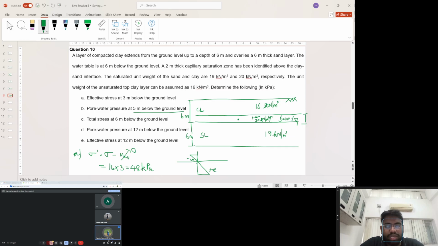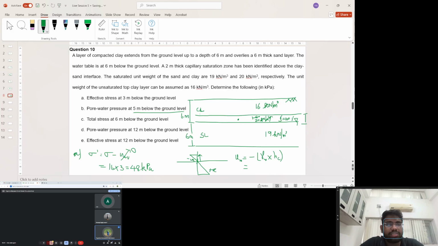The pore water pressure will be computed by assuming this as reference. So the pore water pressure for a capillary zone is minus gamma W into Hc at a particular point.